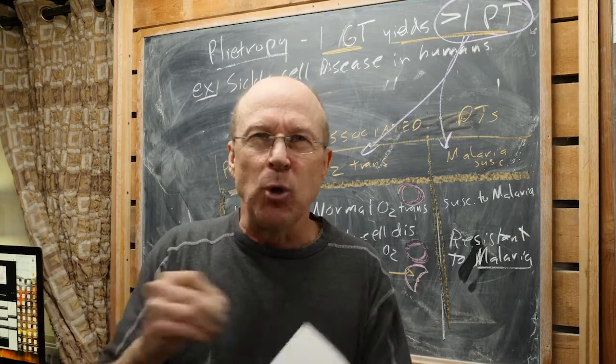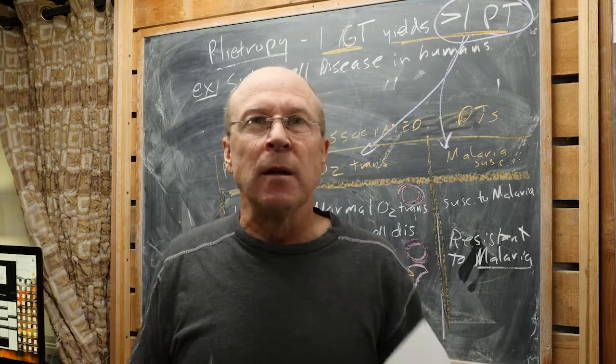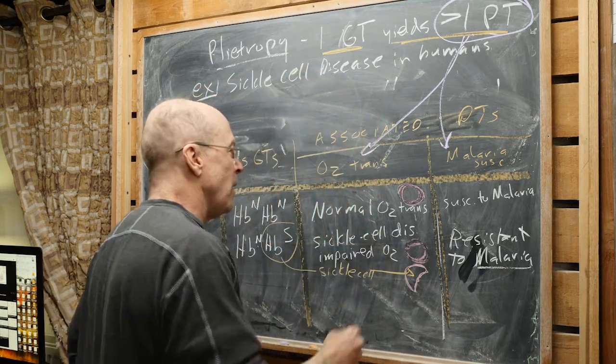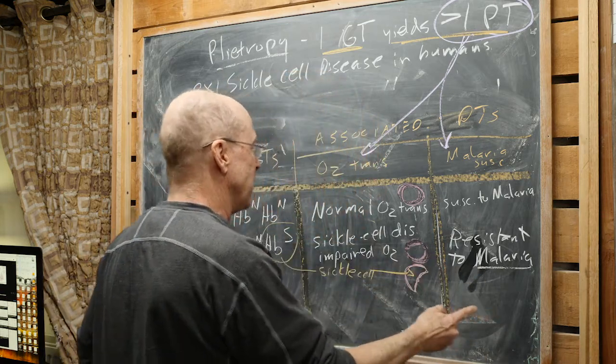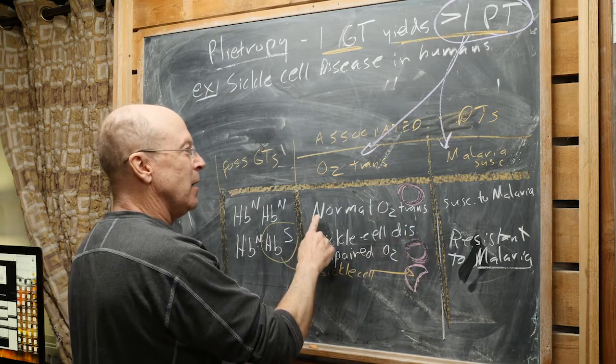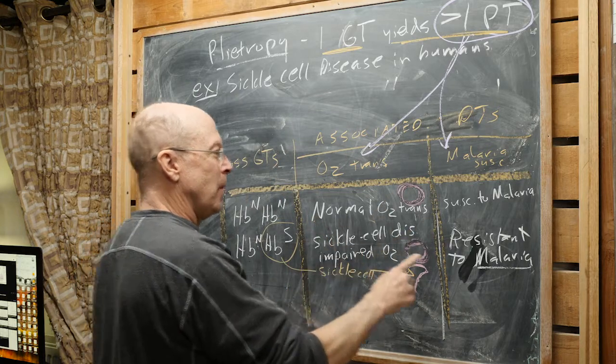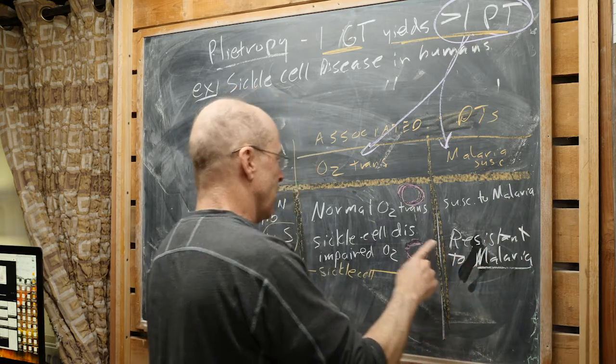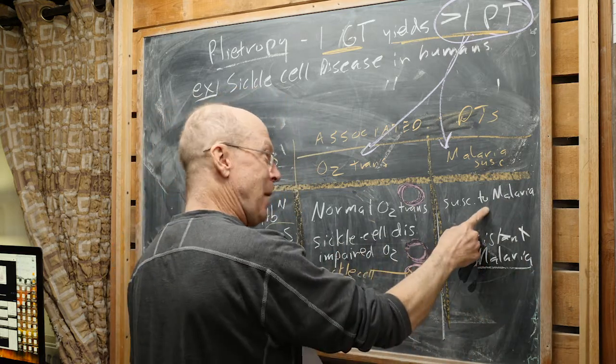It loves beautiful, round, normal red blood cells, but it does not do well in sickle cells. So here we have an interesting thing. This is good in a world of no malaria. This is good in a world with malaria, because this is bad. So this is bad.